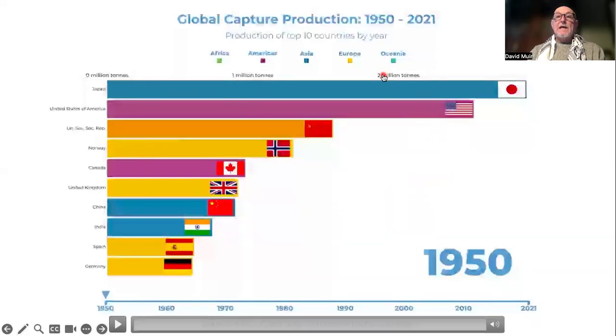First of all, keep your eye on this scale up here, because it's going to change. When we start in 1950, it goes up to about 3 million tons there. So that spelling of ton, that means it's metric tons. So that's 2 million metric tons of fish that are being extracted from the ocean.